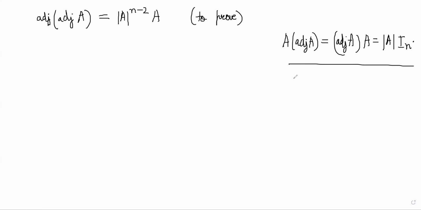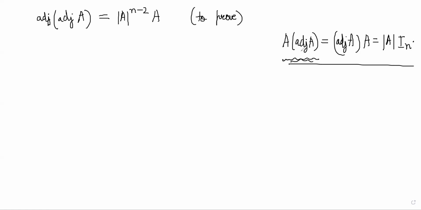And over here, B is adjoint of A. So using that, we get the result. We just substitute another matrix.